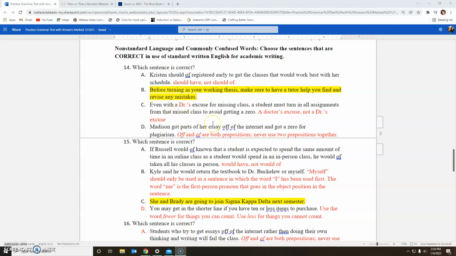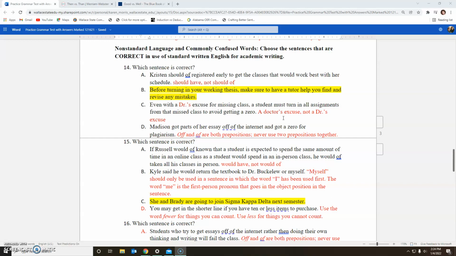When you're talking about a doctor or a doctor's excuse, use the word doctor spelled out.